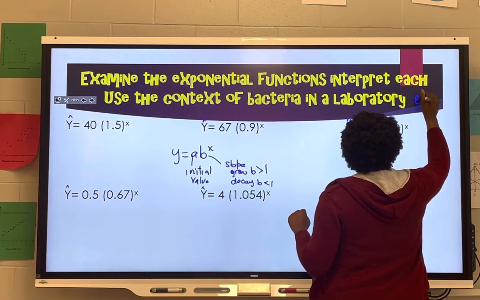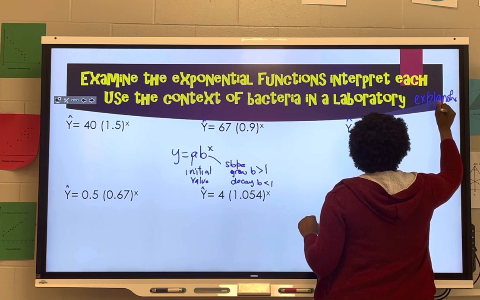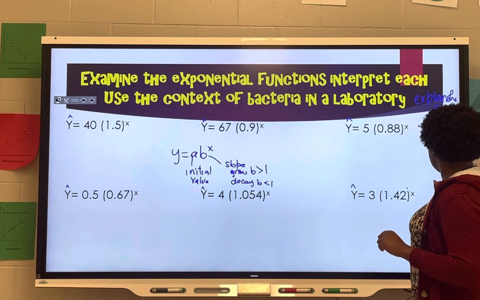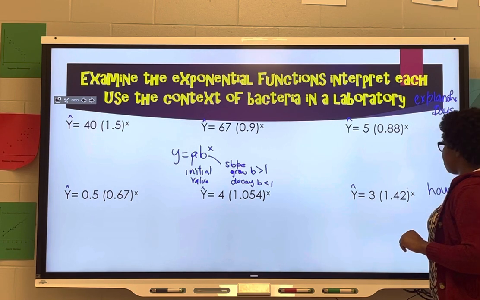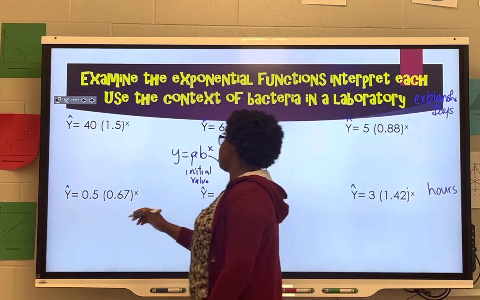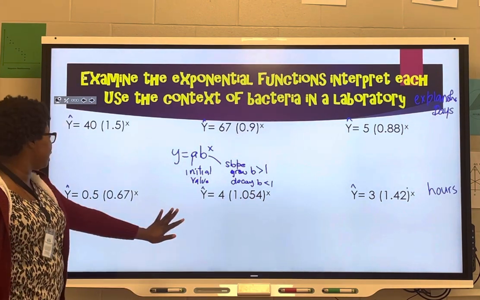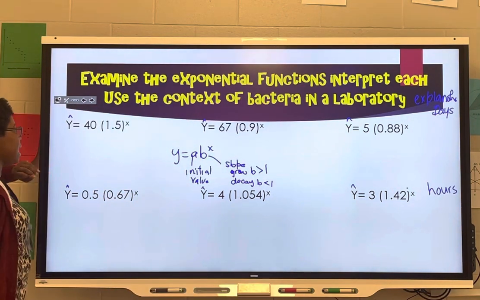Let's say the explanatory variable represents days. So let's say days for the top part, and hours for the bottom part. This section below, we're going to consider as bacteria growing hourly and decaying hourly, and the top part as bacteria growing daily.